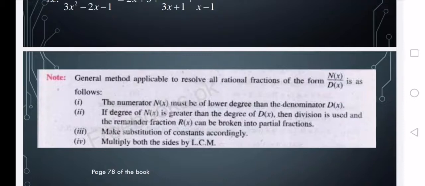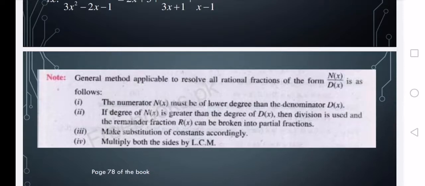This is what we have been discussing from the very start, that first we should check whether the fraction is proper or improper. If it is an improper fraction, first it will be reduced into a proper fraction, only then we will be able to decompose it into its partial fractions. So firstly, the numerator must be of lower degree than the denominator.